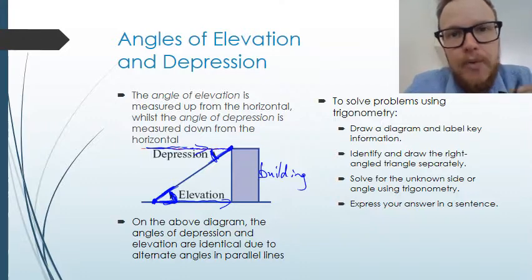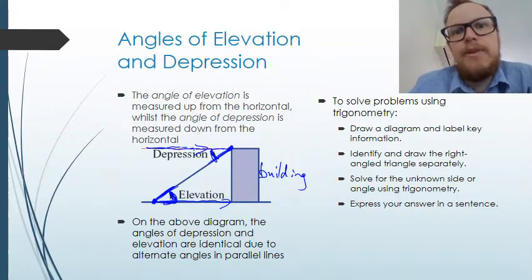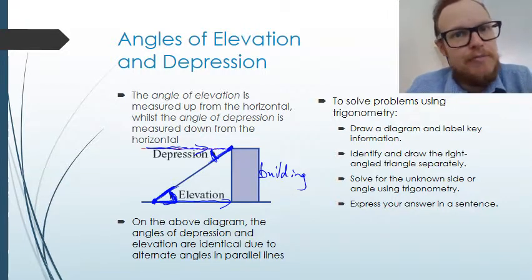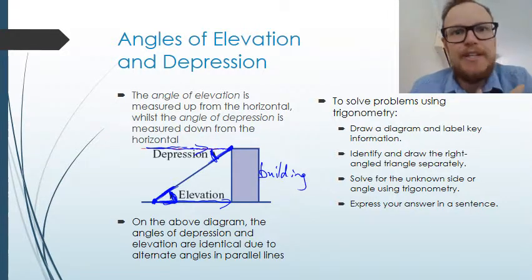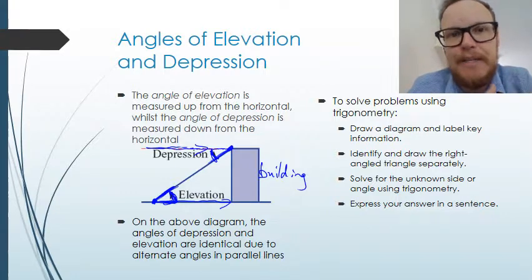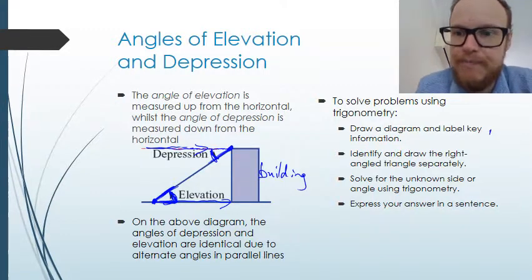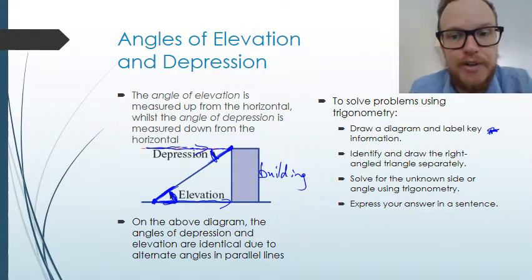Whenever we're given a problem that we can solve using trigonometry, it's going to be something in the real world. There's going to be angles of elevation or depression involved. There's going to be real distances that we need to find or angles that we need to find. So in order to do that, we need to draw a diagram and label key information on that diagram.